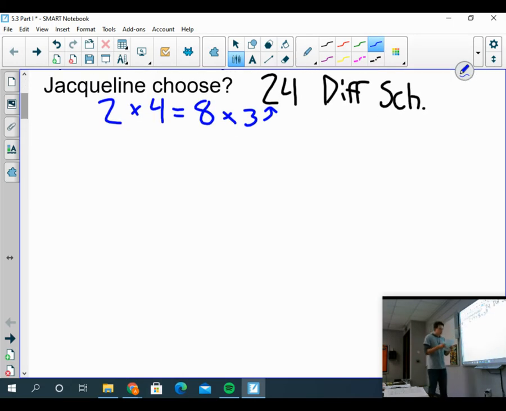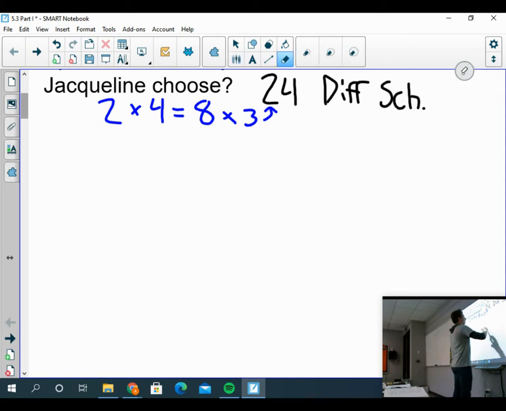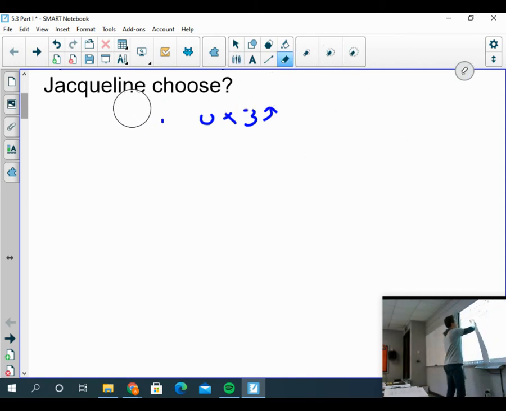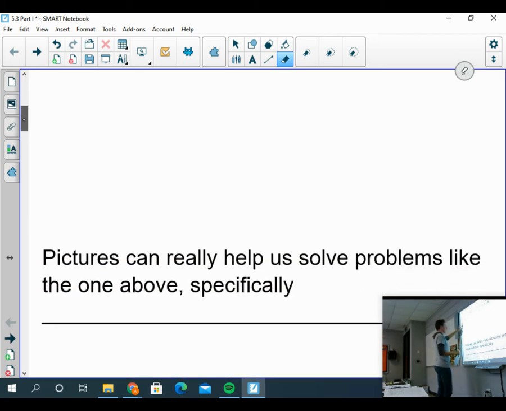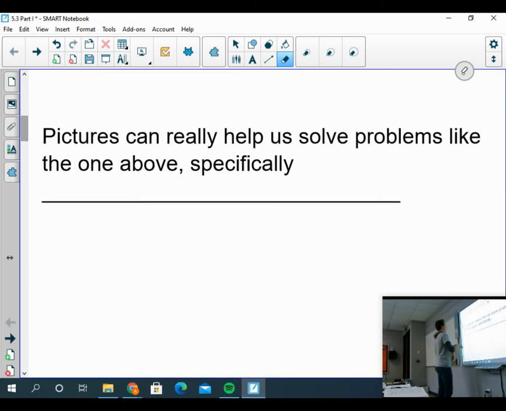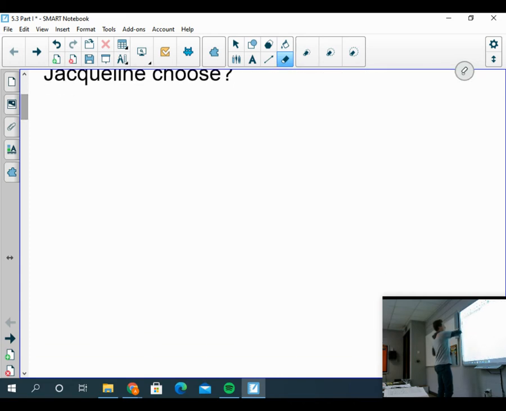Okay? But another way of visualizing this is by creating a tree diagram. What's a tree diagram? Well, a tree diagram is going to look kind of like how it sounds. It's going to look like a tree. And what I'm going to do here is make branches of my different options.